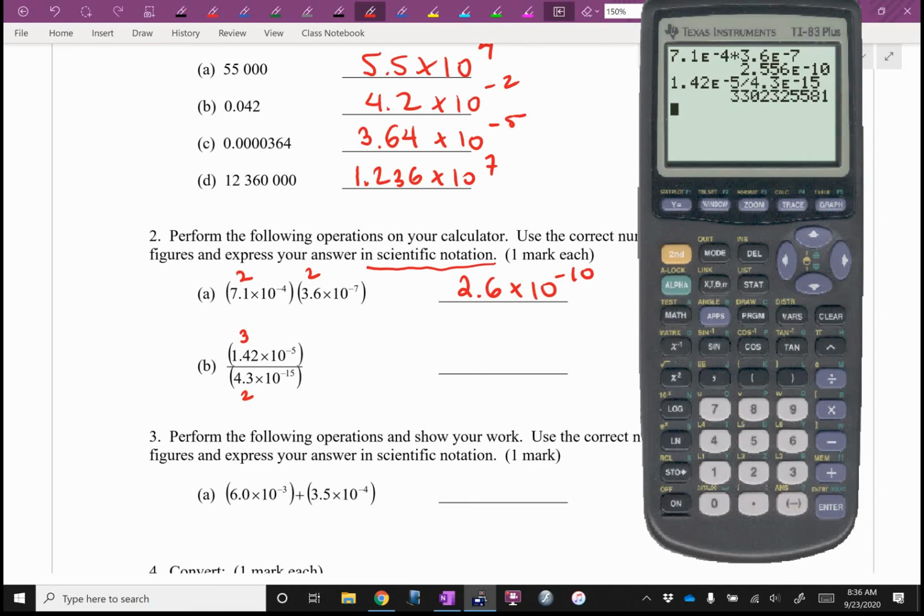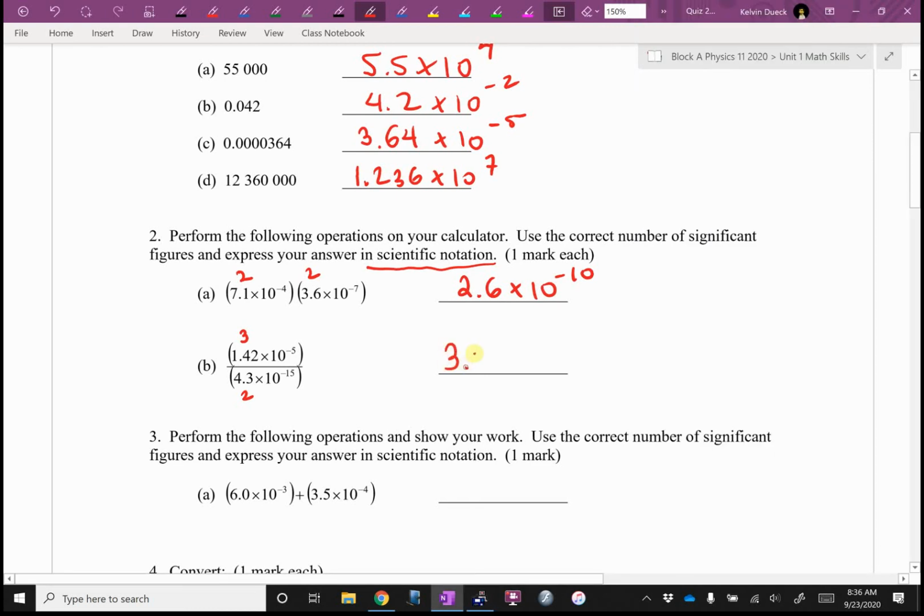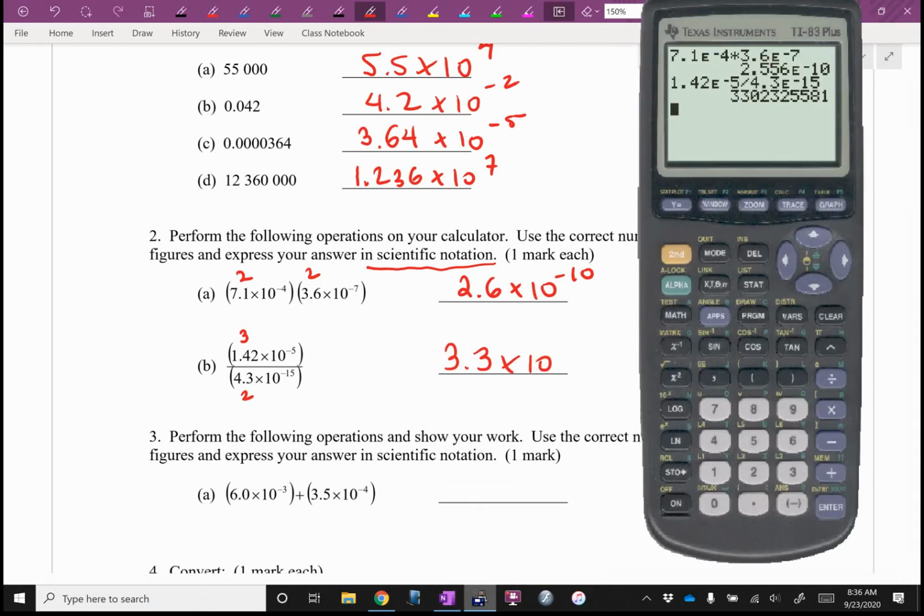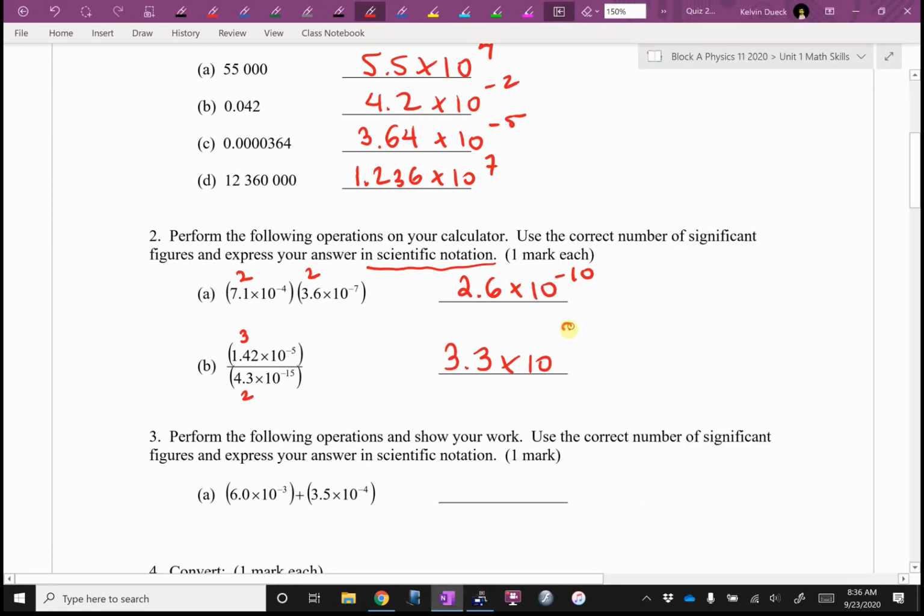Okay, I'll have to convert this to scientific notation. Definitely 3.3. Is that right so far, or did I make a typo? If I make a typo or we get something wrong, holler, right? 1, 2, 3, 4, 5, 6, 7, 8. Is it 3.3 times 10 to the 9? Yep, all or nothing.